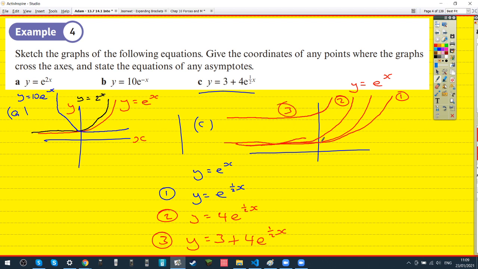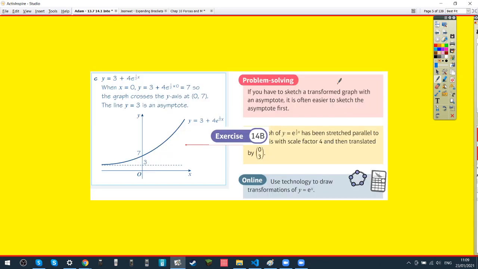What is the y-intercept for all of these except the last one? Y-intercept 1. Correct. And so for the last one? It's 3 higher than 1. 4. Yep. Hopefully that's what it looks like. Nope, I messed up.